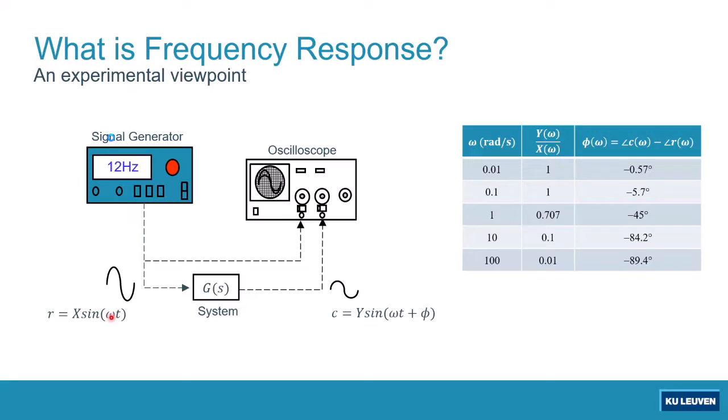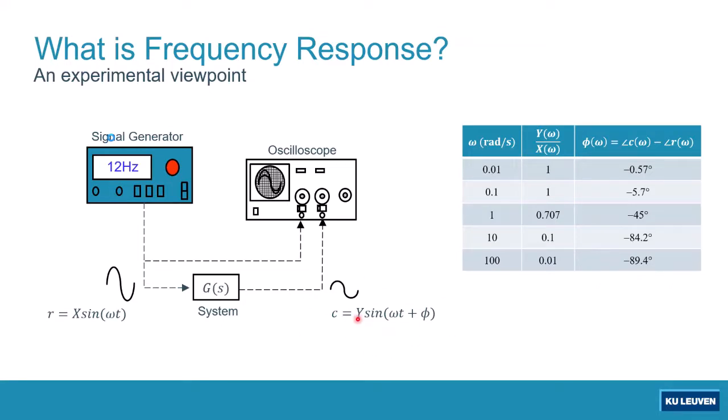Let's say at the first step you use 0.01 for omega, so you have a harmonic input with amplitude equal to 1 and omega equal to 0.01 radian per second. You excite this system in your lab using an actuator, a shaker, or any tools that you might have in your lab, and then you measure the response with a vibration sensor, for instance.